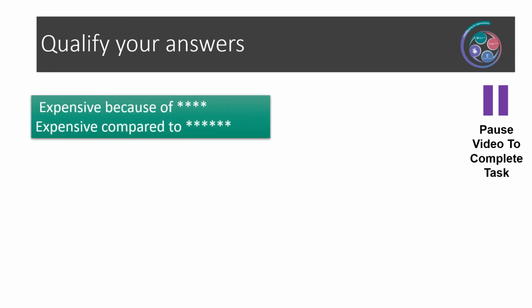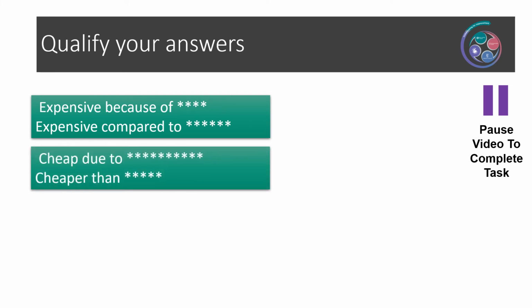So, for example, it is expensive because of. It is expensive compared to. So say, for example, training. Training is expensive because of the course, or you have to pay for a trainer. Field research is expensive compared to desk research, so it has to qualify it that way.